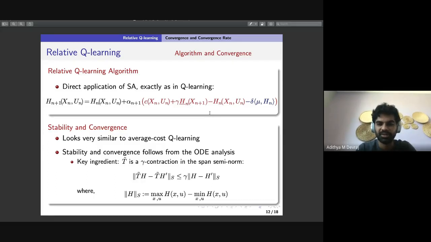But because we have an additional discount factor here, which they don't have, the proof is slightly simpler, and the key is using the fact that the relative Bellman operator is actually a gamma contraction in the span semi-norm and not in the L infinity norm because of this constant. Okay? And then you need to separately deal with the constant and show that even that goes to 0.